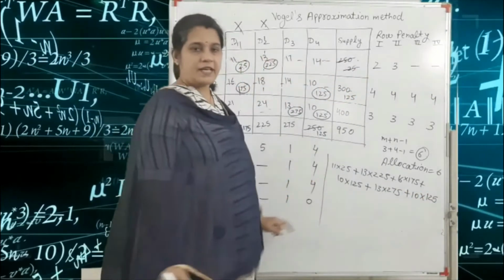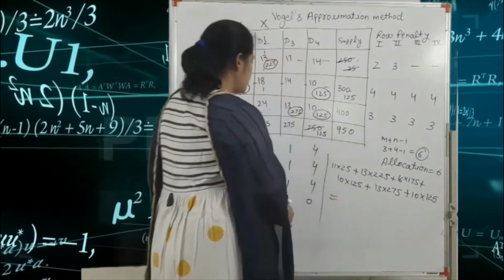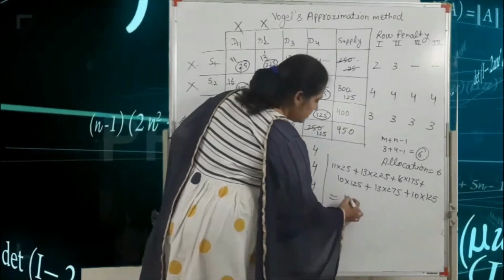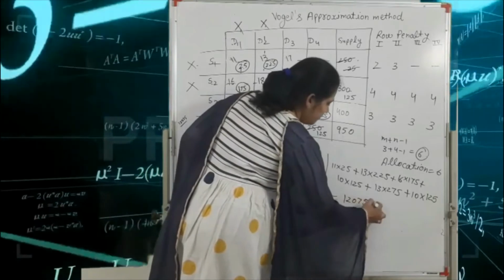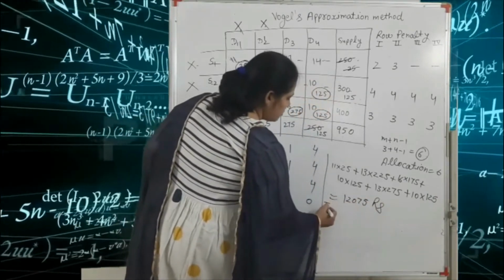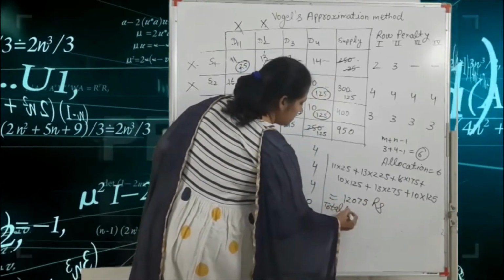Okay, so here we write the 6 allocations and our total cost price is 12075 rupees. This is your total cost price.